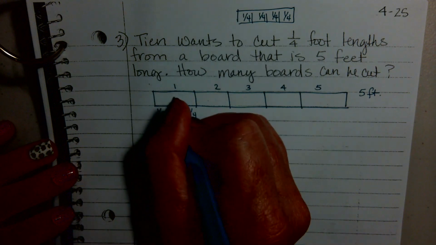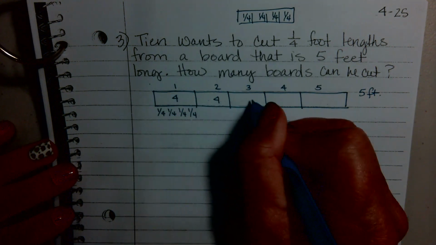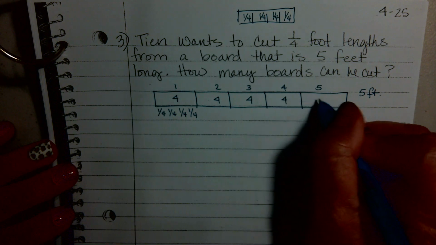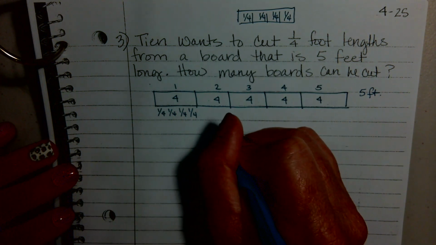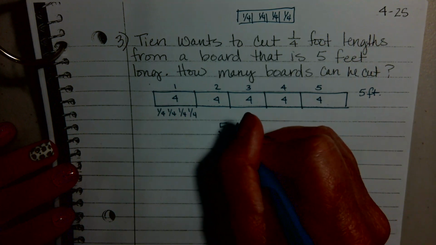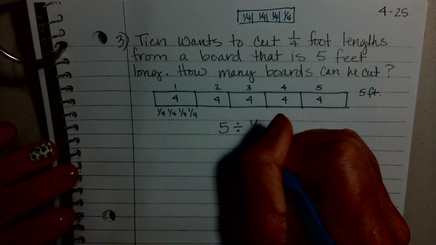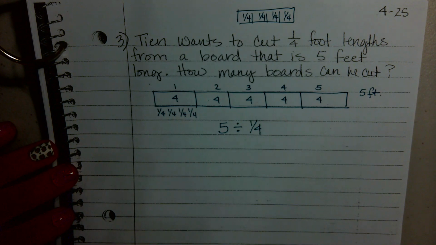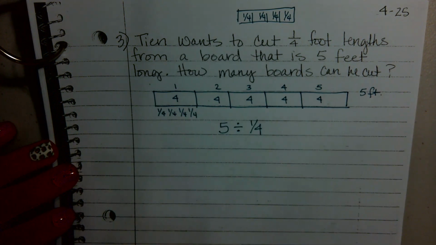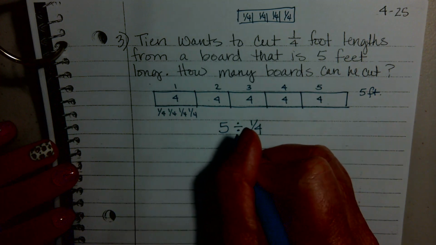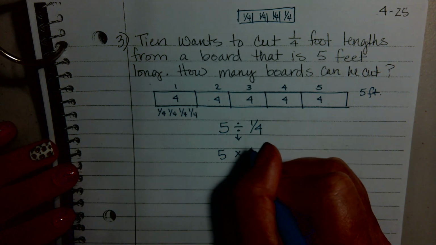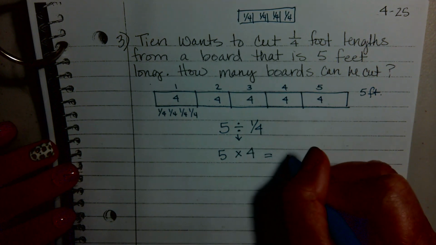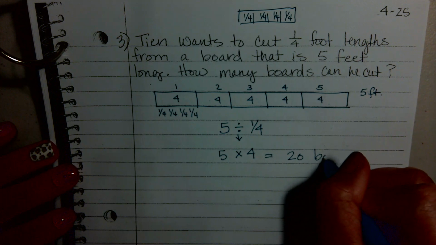So there are 4 fourths in each foot, right? So if I have 5 feet and I want to divide them into fourths, how many fourths will be in 5 feet? Well, we're going to flip our sign and multiply by the reciprocal, and we are going to get 20 boards.